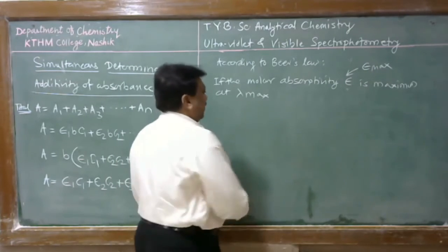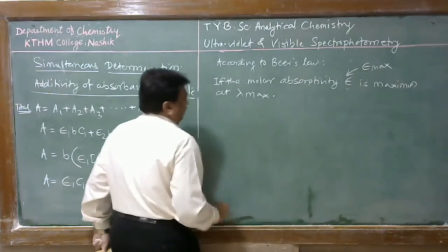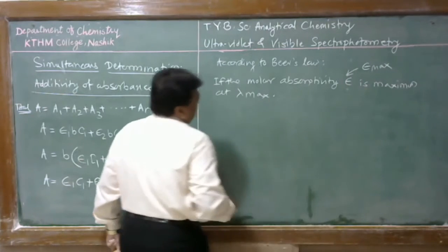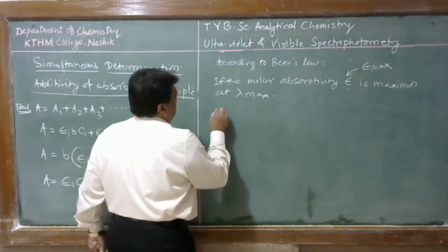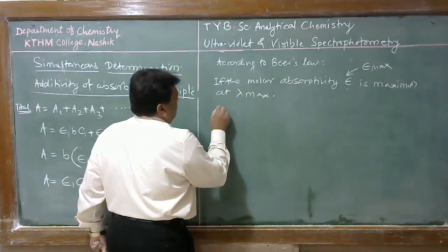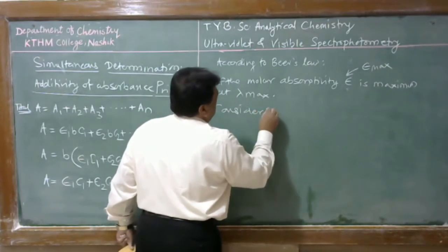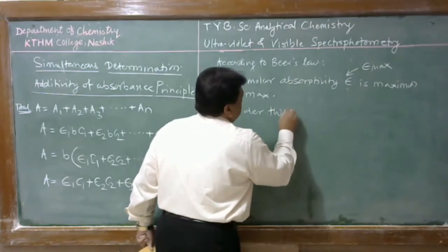And therefore in this case, the additivity of absorbance principle can be applied for determination of two or more components. For example, we can consider a two component system.